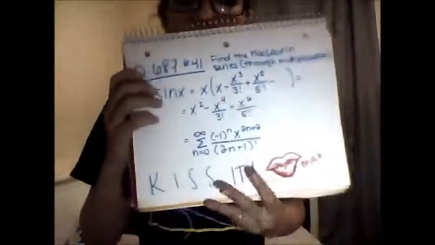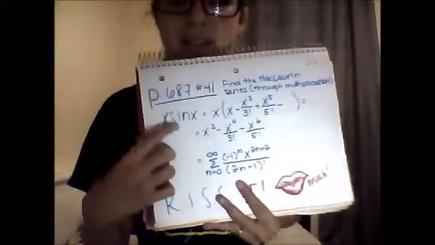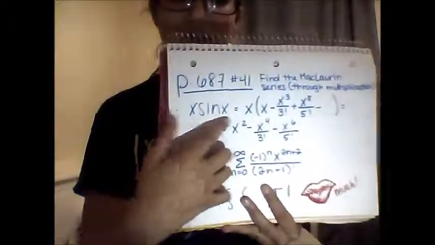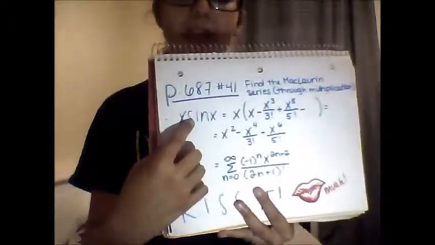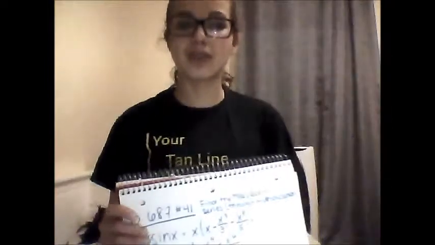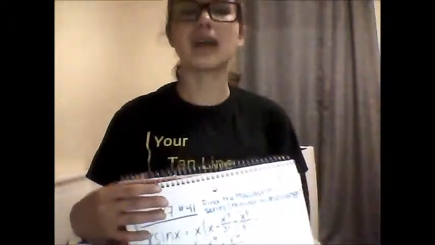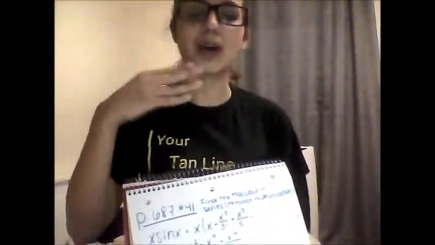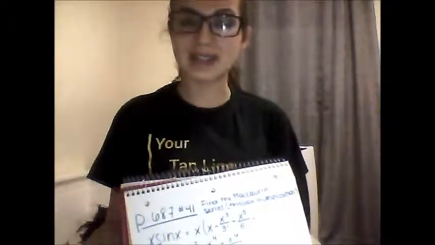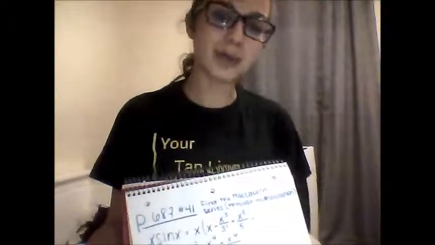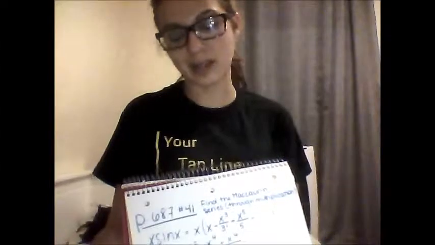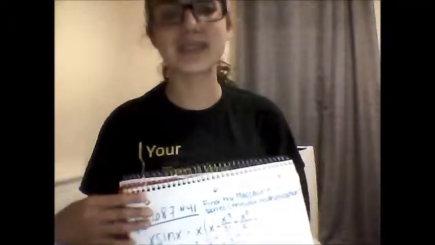But I'll explain this real quick. Because it is a MacLaurin series, we know that it's centered at 0, so, as we've been following the format: f of c plus f prime times x minus c, plus f double prime times x minus c squared over 2 factorial, etc.